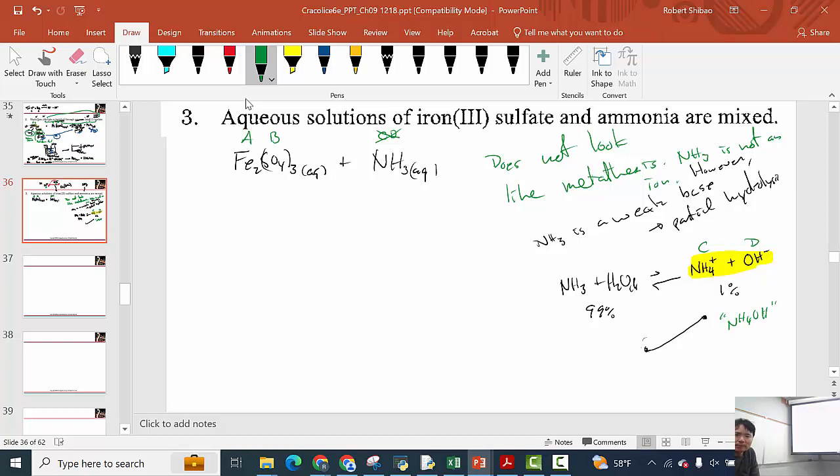That's my CD. And so over here, I'm going to rewrite this. I'm going to say that I have iron 3 sulfate plus ammonia plus water.